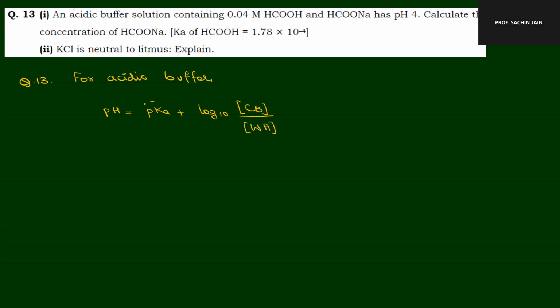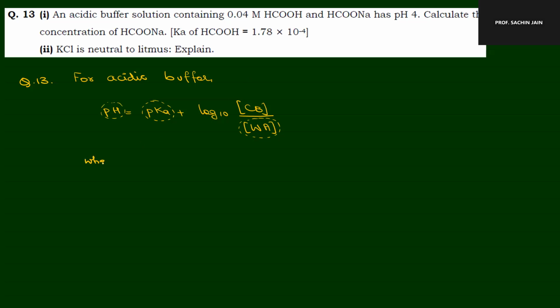Now Ka is given, so you can get pKa as minus log Ka. pH is also given. 0.04 is the concentration of what? Weak acid. Yes, of the weak acid. So what do you have to find? The concentration of conjugate base. Okay, so what I have circled are the things which are already given.